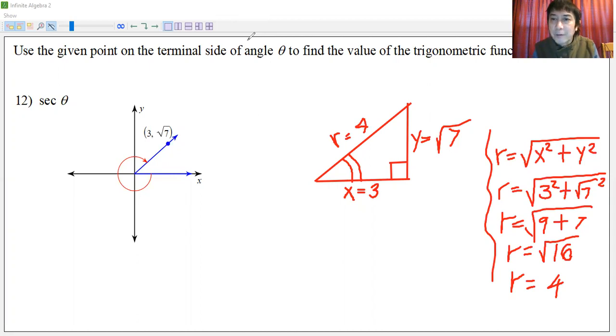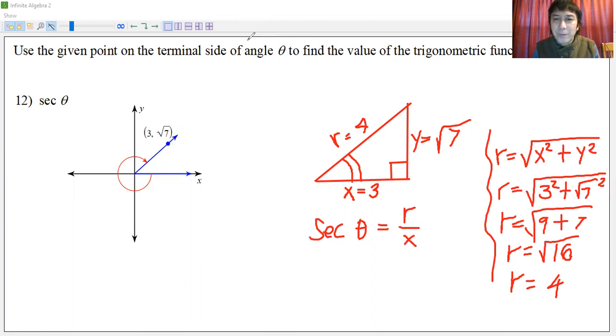We compute for the secant of theta. The secant of theta formula will involve the r divided by x. This will be our secant theta.